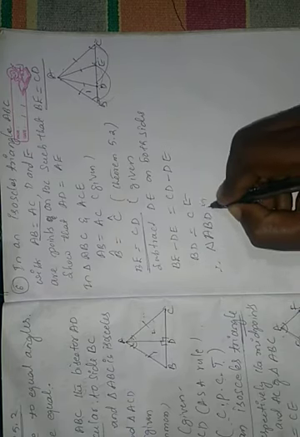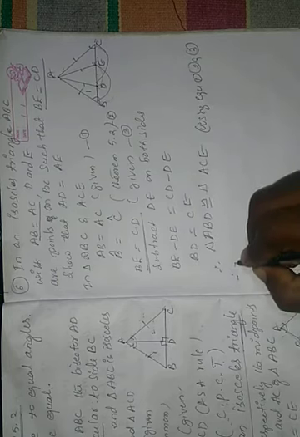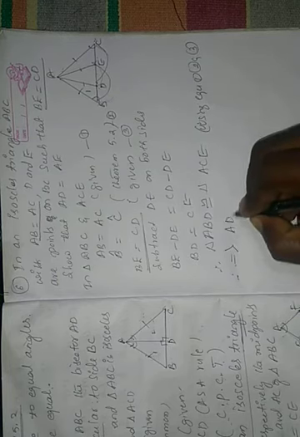Therefore triangle ABD is congruent to triangle ACE. Let us call these equations 1, 2 and 3. Using equations 1, 2 and 3, this gives AD is equal to AE. What is the reason? CPCT, corresponding parts of congruent triangles.